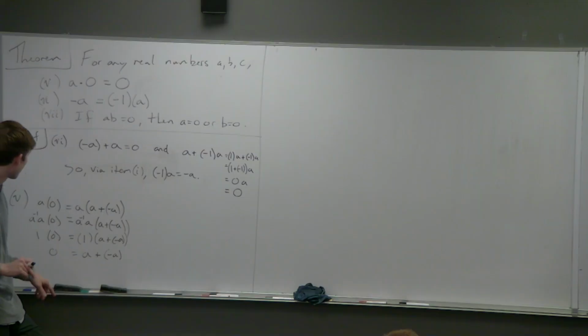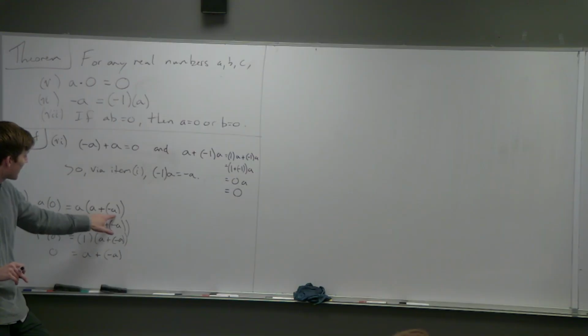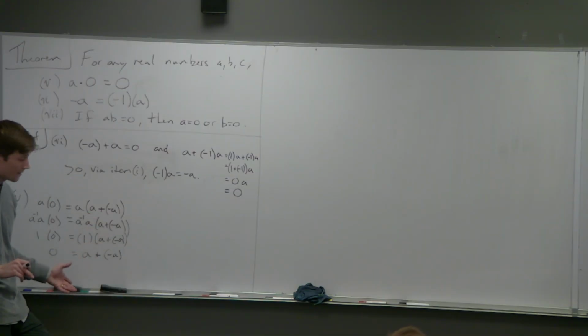This is very smooth. Okay, so you went a times 0 is a times a plus minus a. Great. Now we said, hey, check it out. You could write this as a inverse times a times 0. Yeah? And get 1 times 0, which is 0 just because 1 is the multiplicative identity.